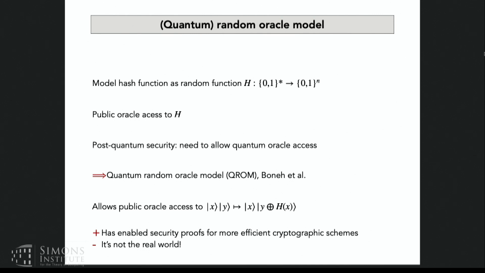This has been very successful because it has enabled provable security for very efficient schemes. But it has a downside because it's not the real world. We are pretending that it's a random function while it's not, and this actually allows for vulnerabilities in principle, which I will talk about a bit more later.